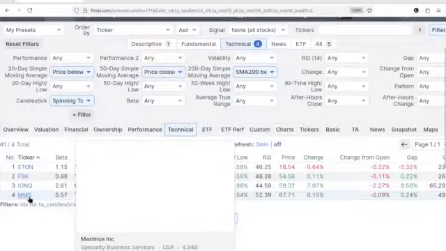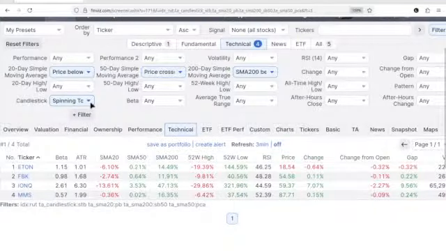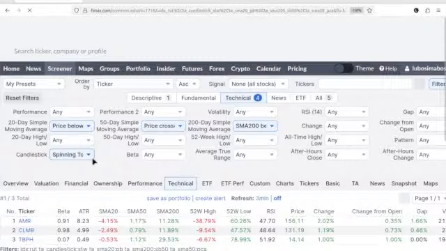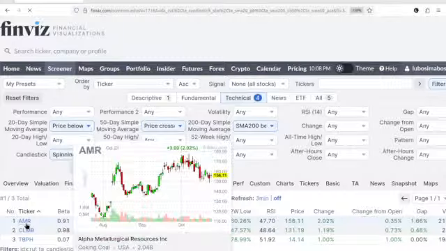So we have Eton, we have MMS. So this is the spinning top black. Let's check the spinning top white. See if we have anything. Wow, we have AMR, and all these are green volume bars, which is awesome.